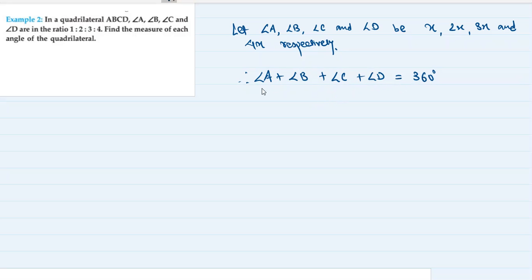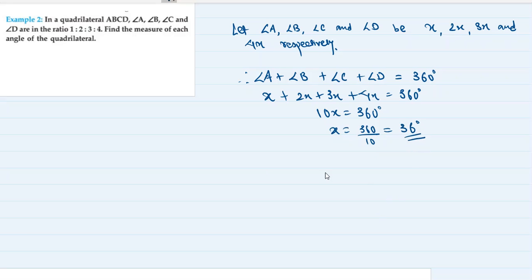That's angle sum property. So angle A is x plus 2x plus 3x plus 4x is equal to 360 degree. So 3x plus 3x is 6x plus 4x is 10x is equal to 360 degree. So x is equal to 360 by 10, which is 36 degrees. X 36 degrees hai, therefore angle A is equal to 36 degrees.